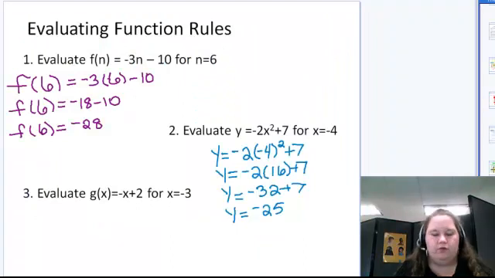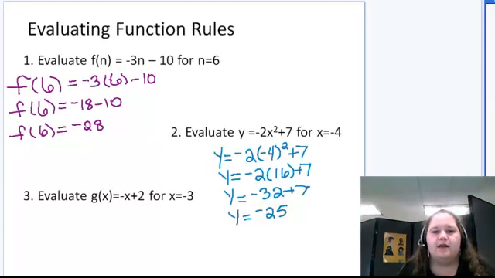Evaluating function rules. It says evaluate f of n equals -3n minus 10 for n equaling 6. This is worked out just like the regular problems we've been doing all this time in algebra and before that, when you were in 8th grade. Not sure about 7th grade, but we've been doing all this for a while, guys. So you see where I'm saying n is 6?